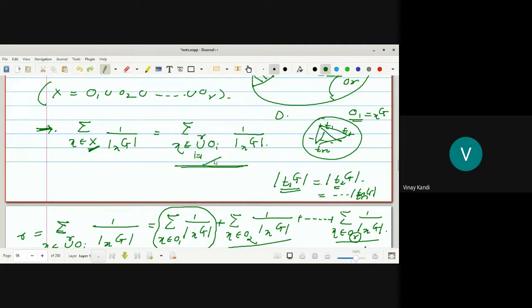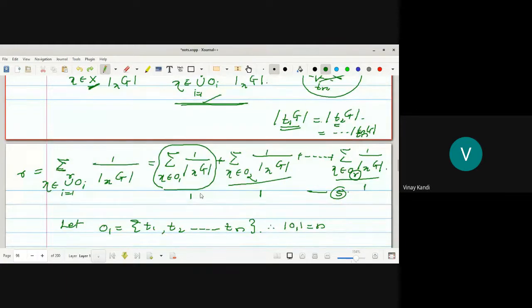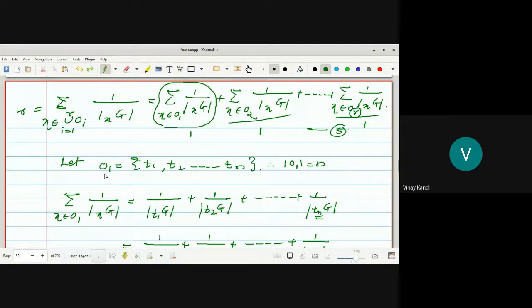Now run this sum on O1, O2, up to Or. Here calculate the value of this one. Suppose orbit 1 contains n elements.